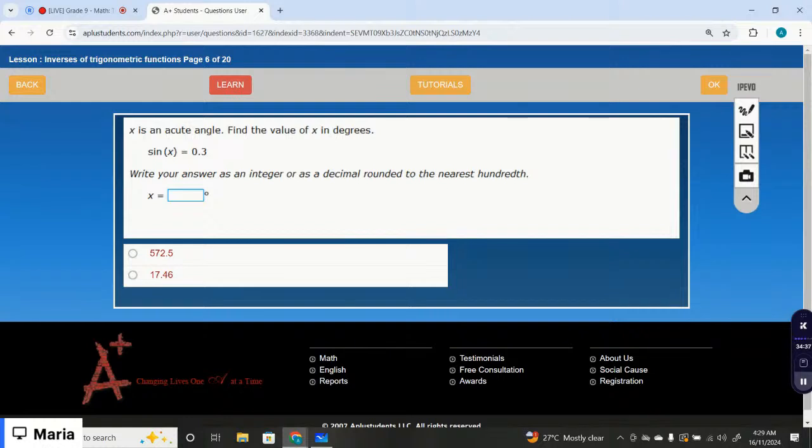X is an acute angle. Find the value of x in degrees. Sin x equals 0.3.